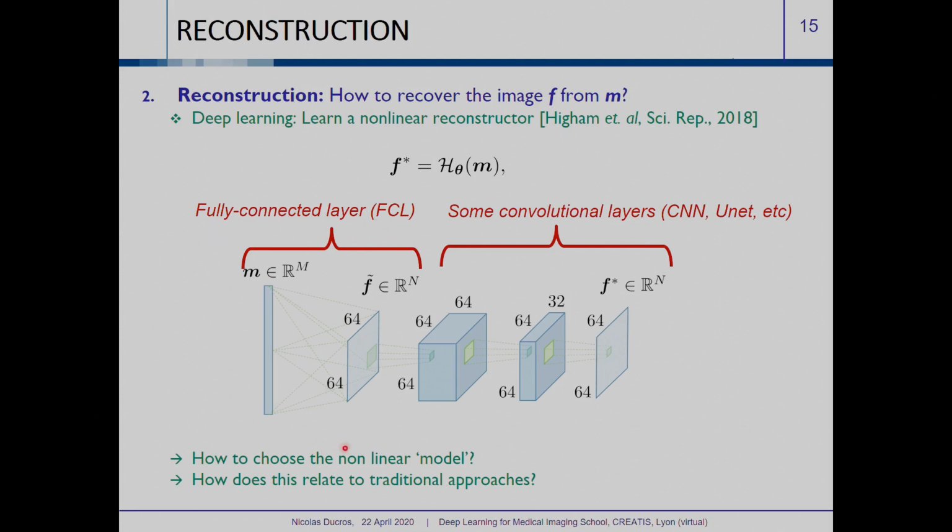The first is a fully connected layer, which maps the measurements into the image space. After that we have a series of convolutional layers that work in the image domain. That worked quite well, but the question is how to choose the nonlinear models and how this relates to the traditional approaches.